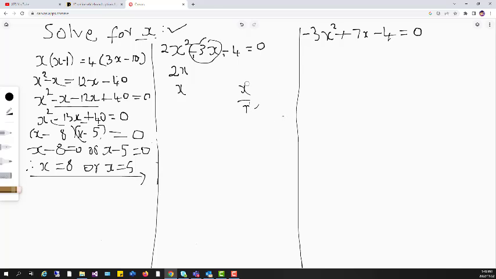Let's see if 2 and 2 works. For 2x squared, it can only be 2x and x. 2x times 2 is 4x, and x times 2 is 2x. 4x minus 2x gives us 2x, not 3x. Even if you cross multiply, it's still going to be 4x minus 2x. So this equation does not have factors.